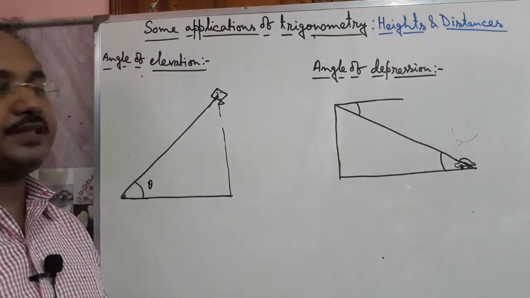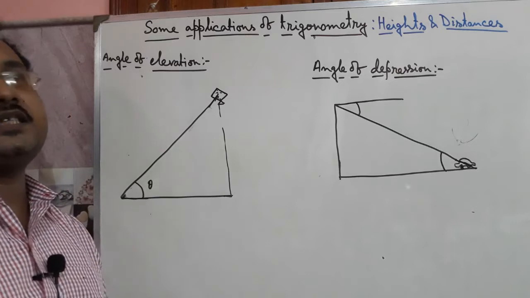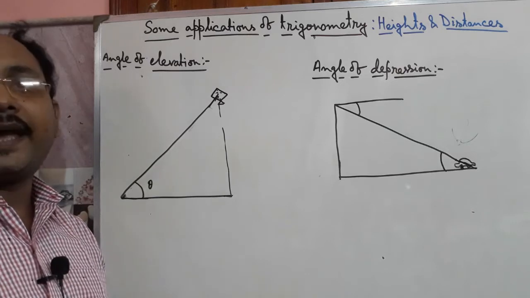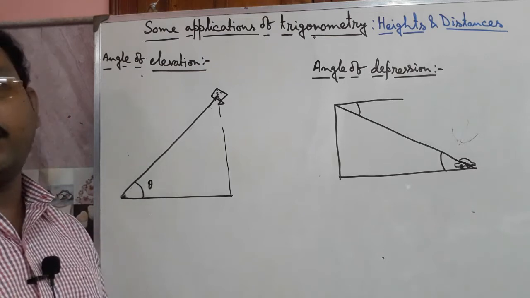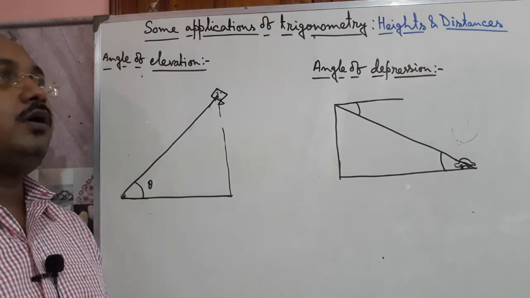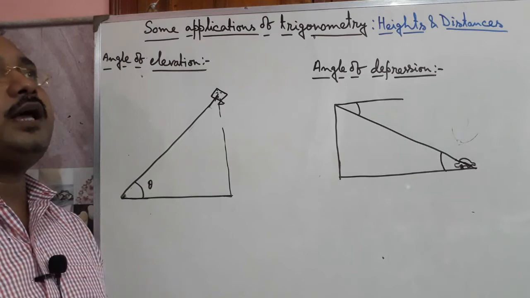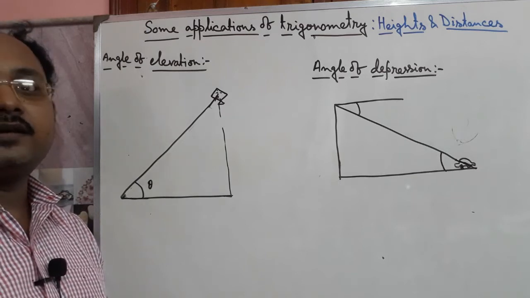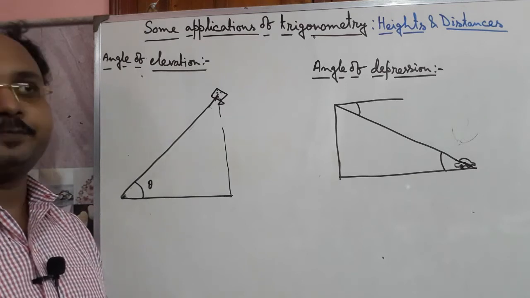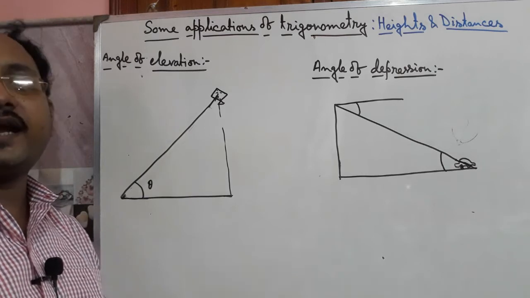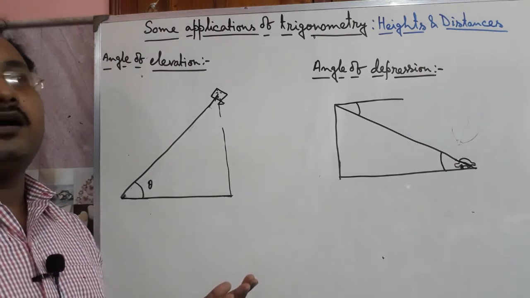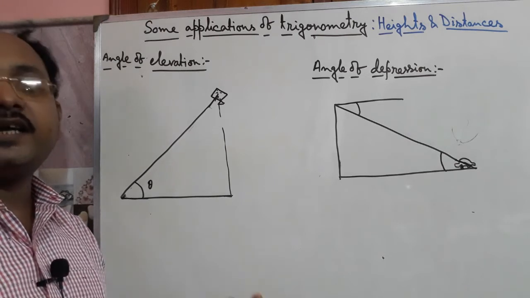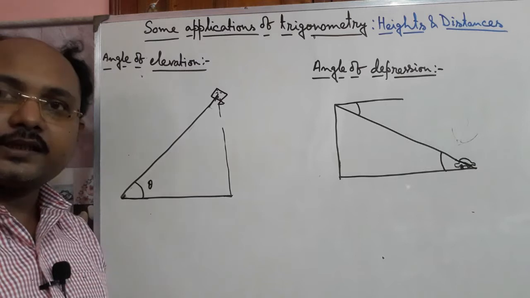heights and distances. So before we start this chapter, we should know what is angle of elevation and what is angle of depression. Whenever we are looking at anything which is in the sky, then we have to raise our head to see the thing, either it is a kite or an aeroplane in the sky.